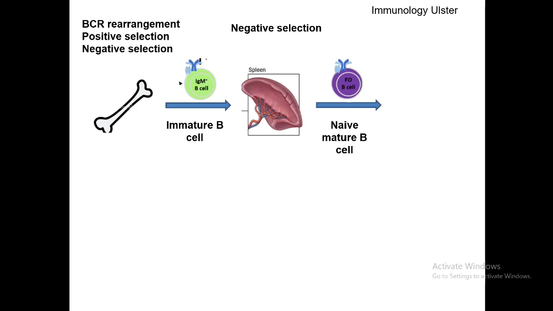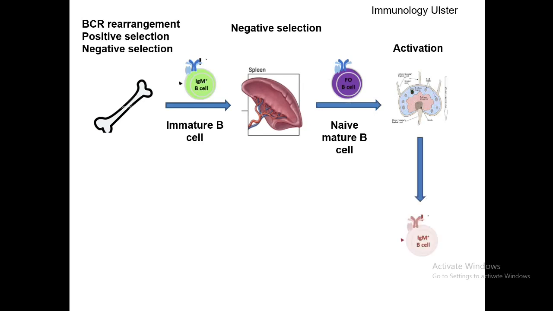Now, what that means is the B cell's mature and is ready to engage with antigen, but it hasn't yet been activated by antigen. So this follicular B cell will leave the spleen and make its way towards the lymph node. And it'll go into the lymph node and reside within the B cell area, the cortex. And in this area, it awaits antigen to arrive in the lymph node.